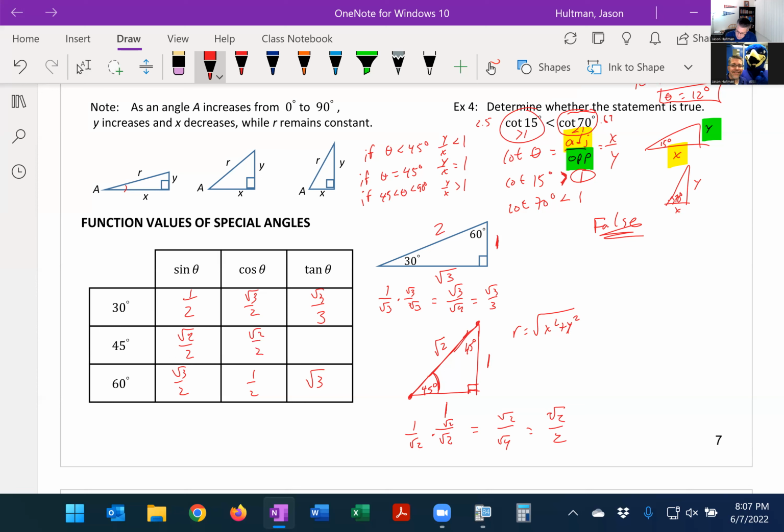And the tangent is just 1 over 1, which is 1. That's the nice property about 45 degrees: the tangent of 45 is 1. Okay, that's 2.1. I'll see you in the next section.